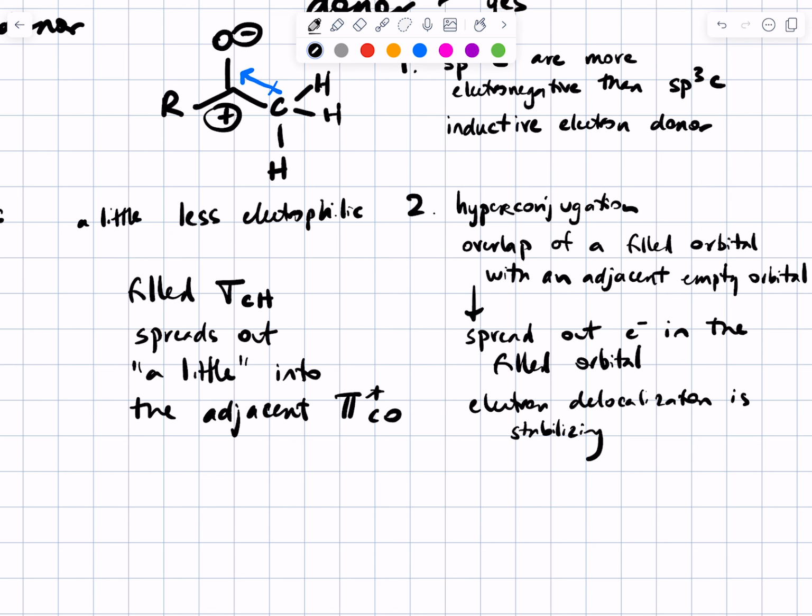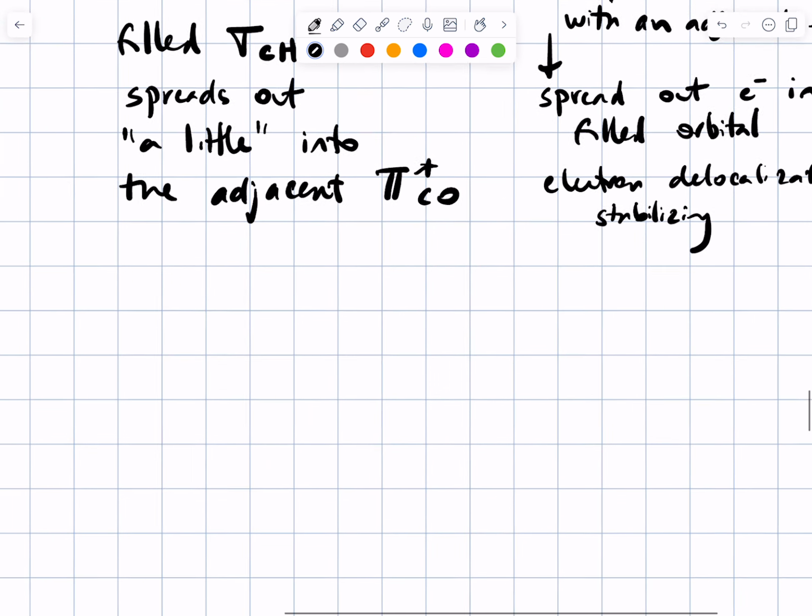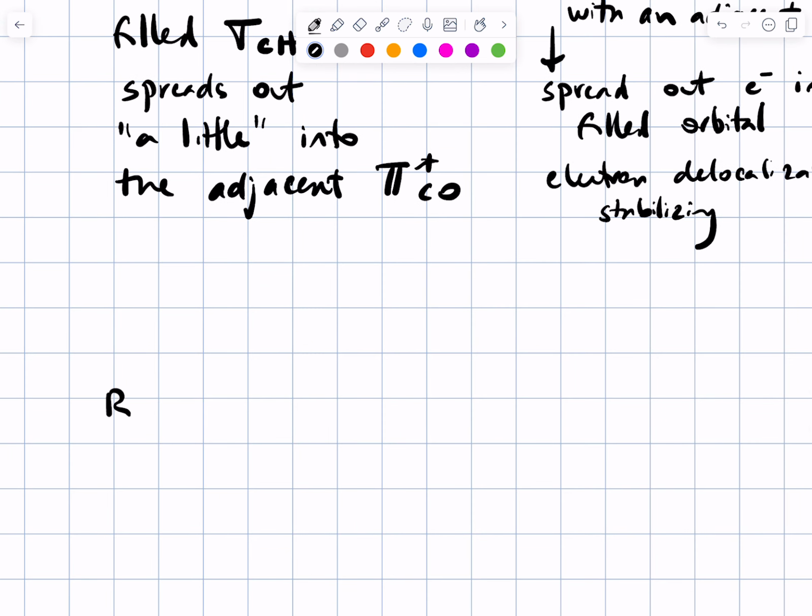So we can draw this in a couple of ways, but maybe the simplest way is like this. So let's draw a ketone. Here is the carbonyl carbon. Here is the pi star, mostly on the carbonyl carbon, a little bit on the carbonyl oxygen. We'll use color to signify wave function sign.